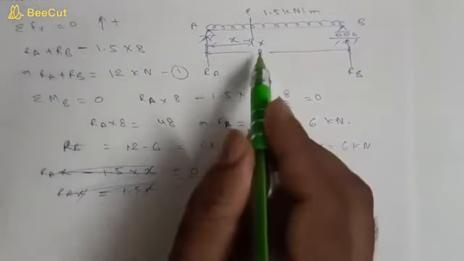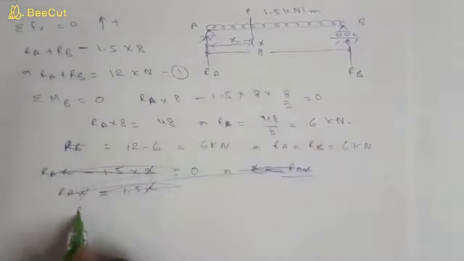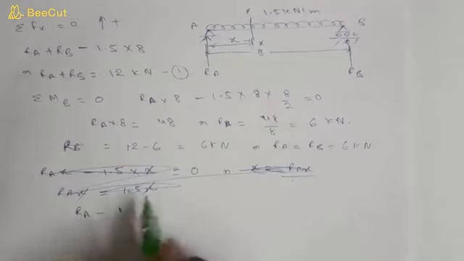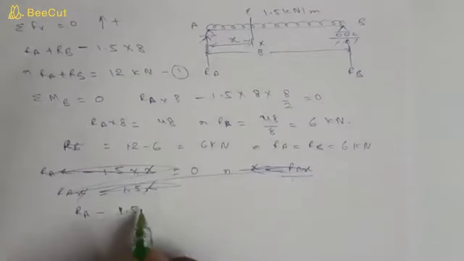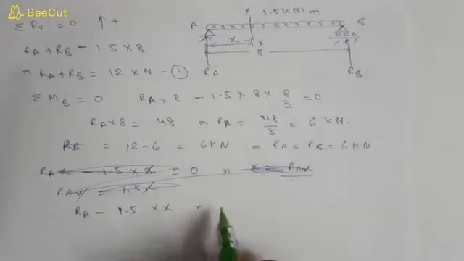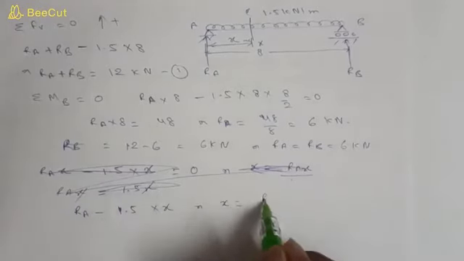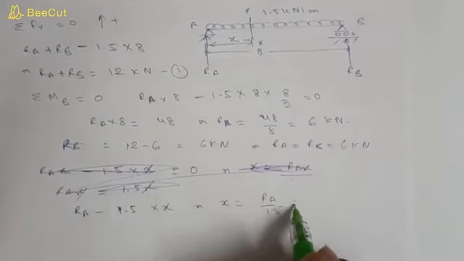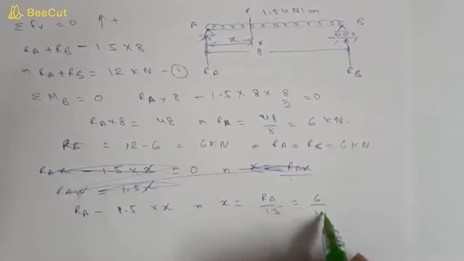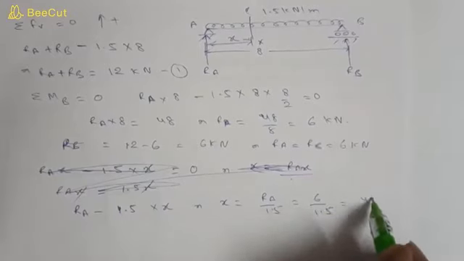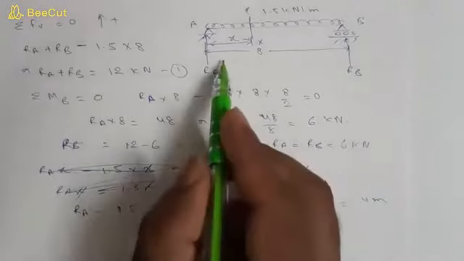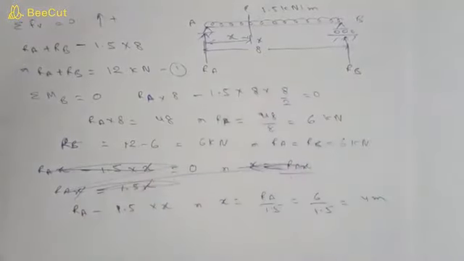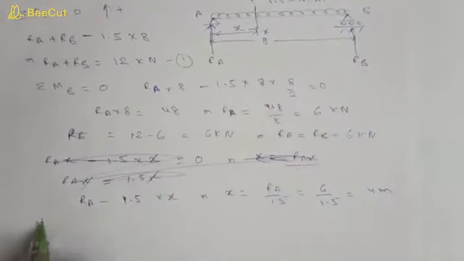So shear force at section X will be RA minus 1.5 into X. So X is equal to RA divided by 1.5, RA is 6 divided by 1.5, equal to 4 meter. So at X equal to 4 meter, the bending moment will be maximum.